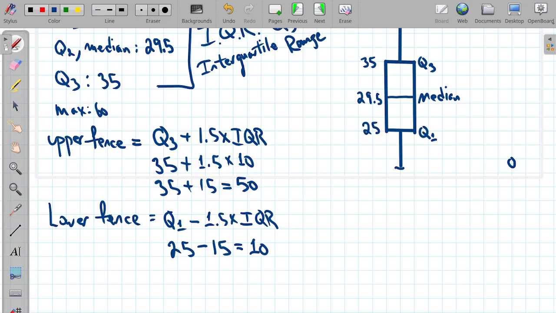So we'll make a horizontal bar there. Well, you know the number 8 is the minimum. Boom. And the lower fence is at 10. And now we have a box and whisker plot. One of my favorite ones.